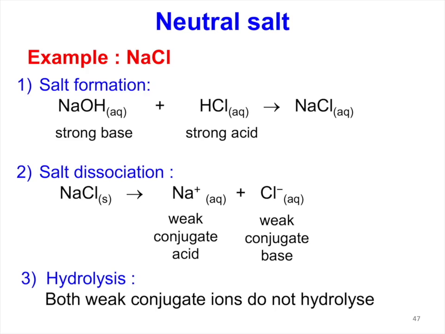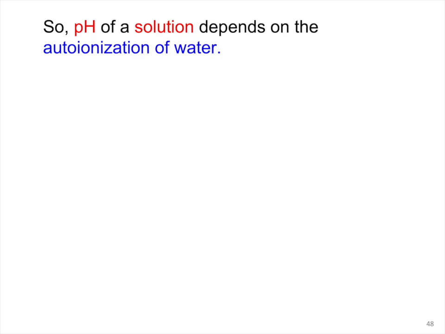Remember that the stronger the base, the weaker the conjugate acid. And Cl- is a weak conjugate base because it comes from HCl, which is a strong acid. And remember, the stronger the acid, the weaker the conjugate base.